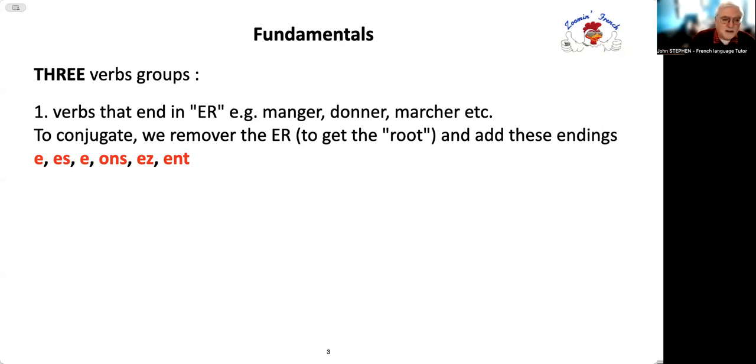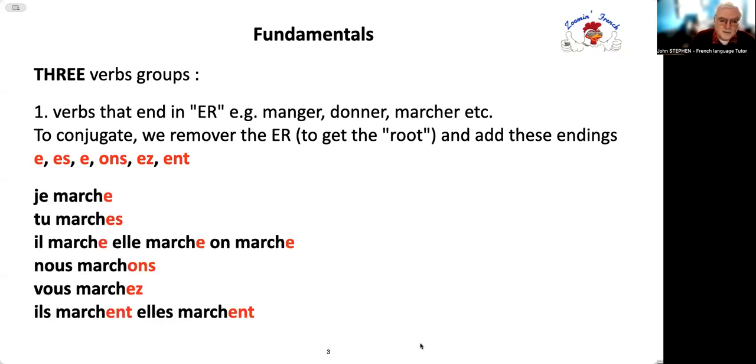And let me show you here an example of a verb where we can see the root. So here is the verb marcher, meaning to walk. And if I remove the ER, we are left with the root of MARCH. You'll see that march flows right through all the different persons of the conjugation. So you'll see how that goes in a second when we add the correct endings depending upon the person.